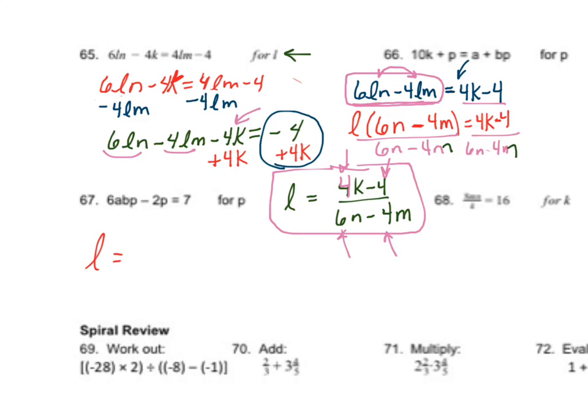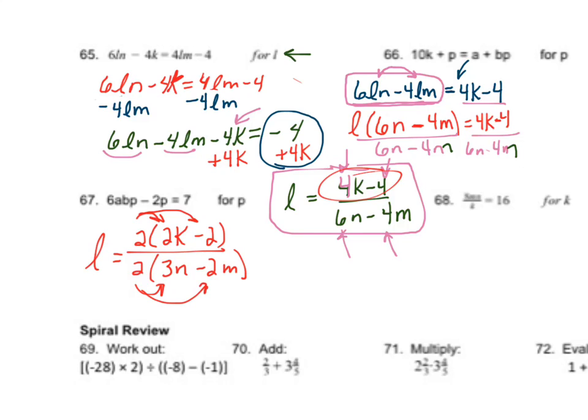In the numerator, we can factor a 2 out, 2k minus 2. Notice if I redistribute that 2, I get 4k minus 4, the original. And in the denominator, I can factor a 2 out, and that's 3n minus 2m. Still 6n minus 4m, still what we had. But in this factored form, I can see I have a 2 over 2.